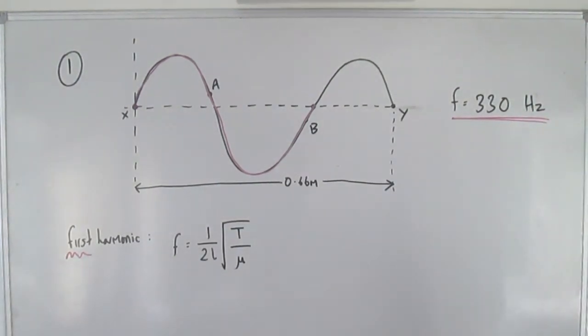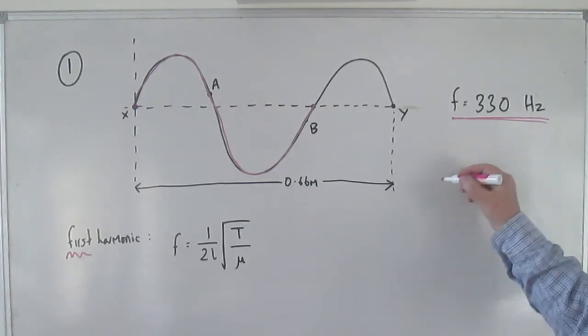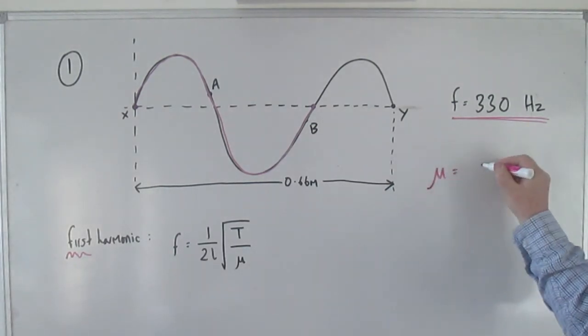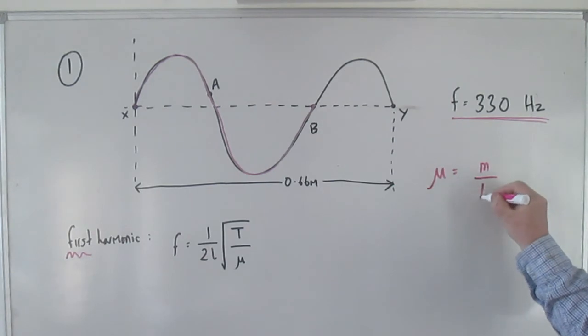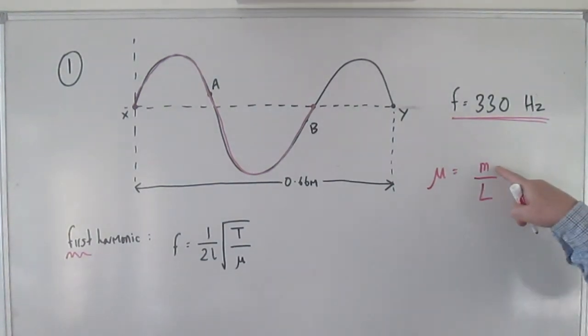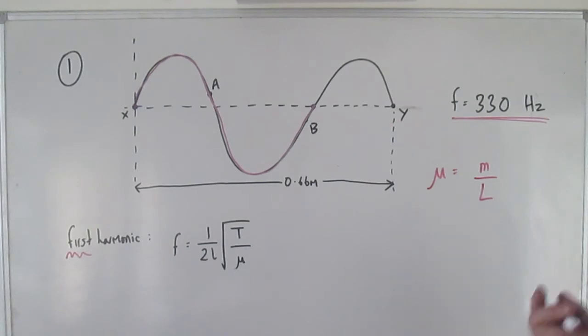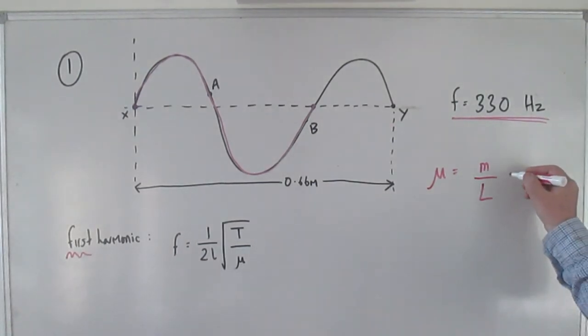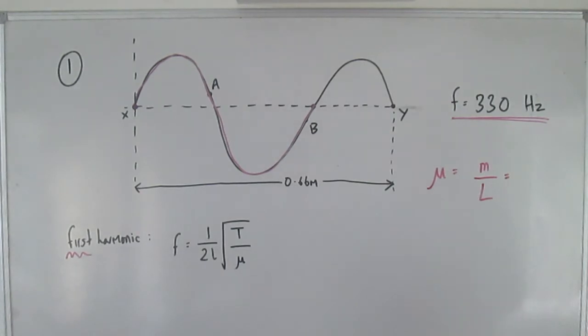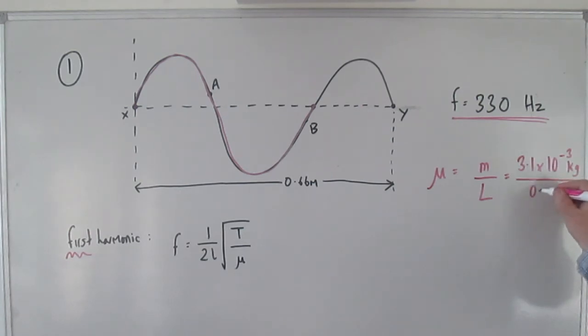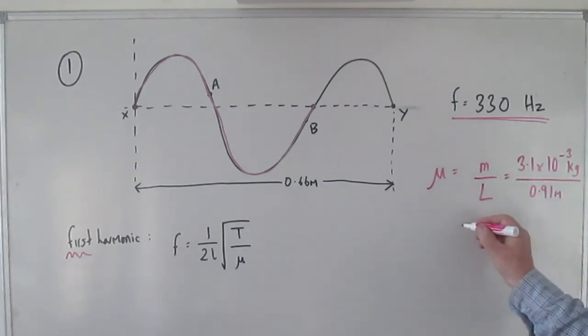Now the next number we need is mu. Mu, remember, is m over L, so it's the mass of the string divided by the length of the string. We've got the numbers for that in the question. It told us that the mass was 3.1 grams, but remember that's got to be in kilograms, so we're using the SI unit: 3.1 times 10 to the minus 3 kilograms divided by 0.91 meters.